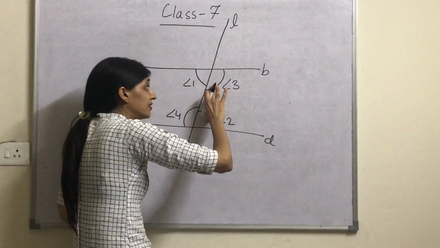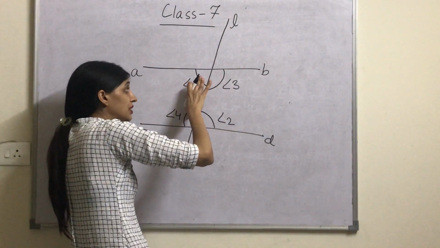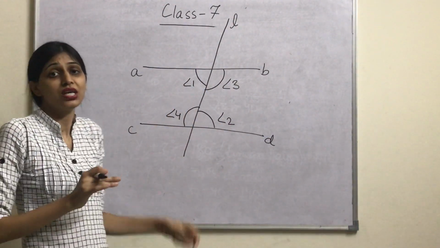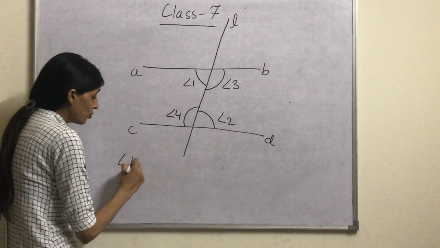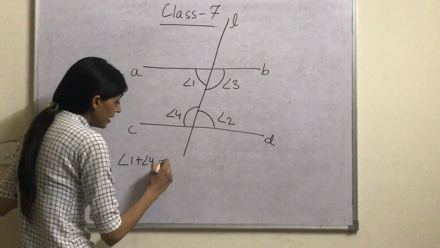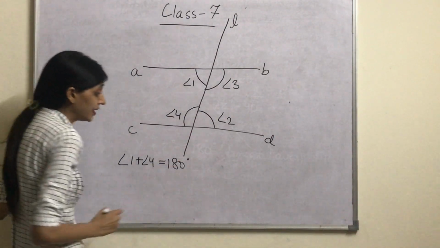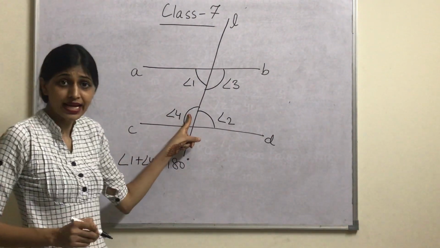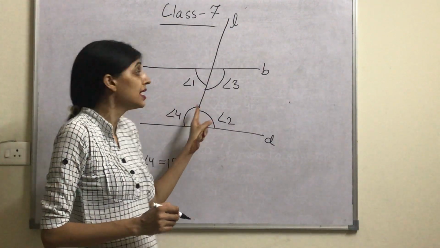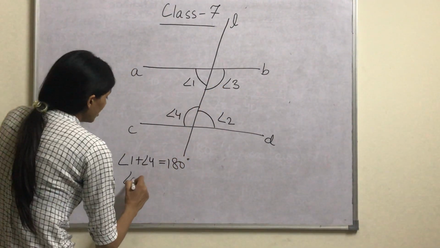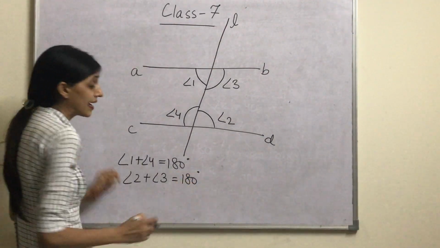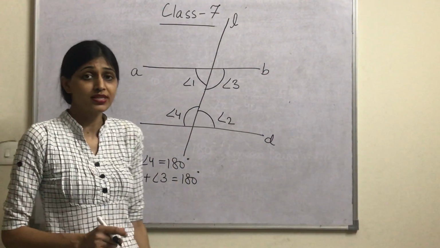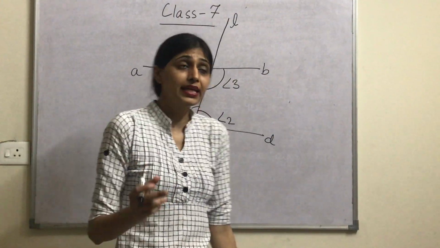So the sum of these two angles is always equal to 180 degree. That is, angle 1 plus angle 4 is equal to 180 degree. Sum of angles on the same side of transversal is 180 degree. Similarly, angle 2 plus angle 3 is equal to 180 degree.